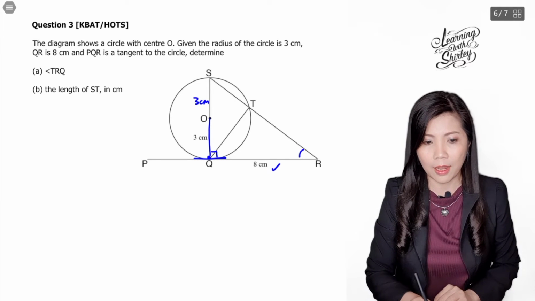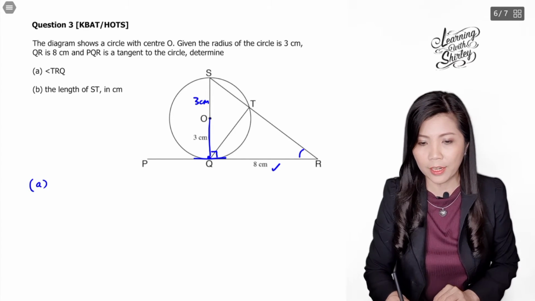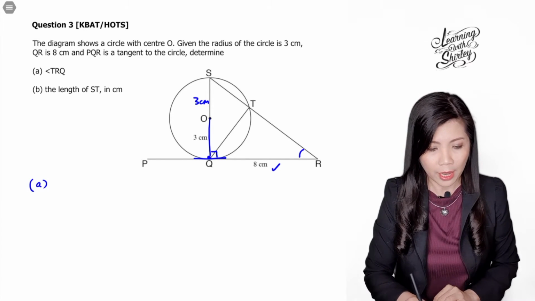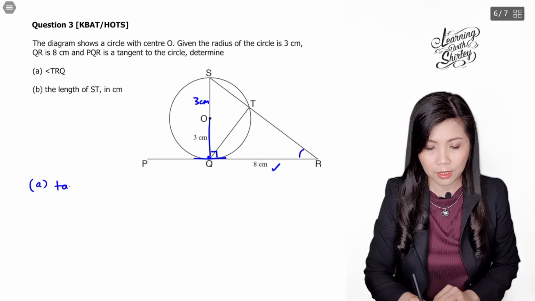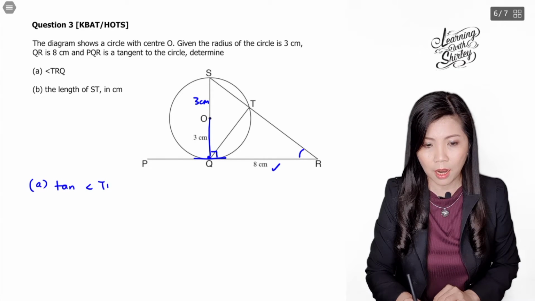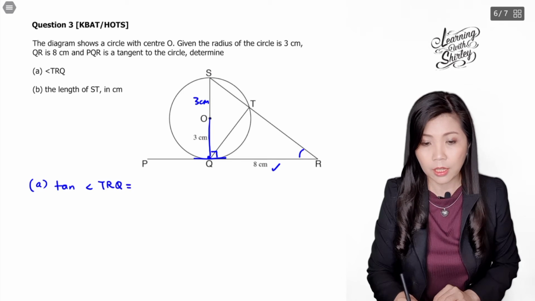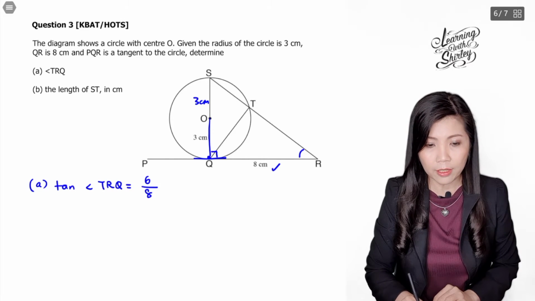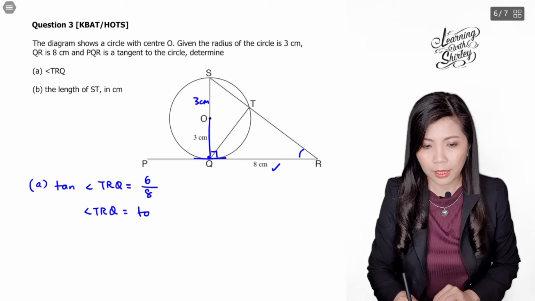Okay, so for this, I can use tangent to find the angle TRQ. So tangent angle TRQ is equals to, so 3 plus 3 is 6 over 8. Okay, so to find the angle TRQ, I'm going to use shift tangent of 6 over 8.